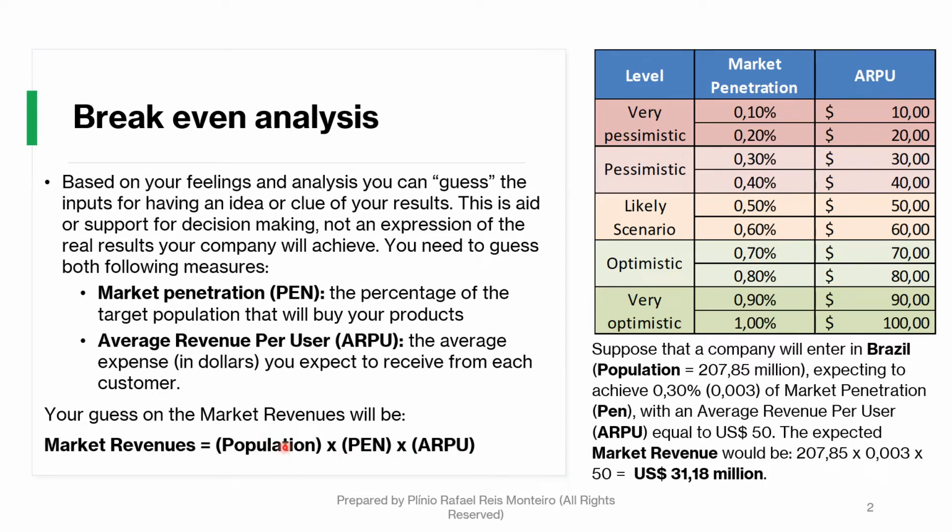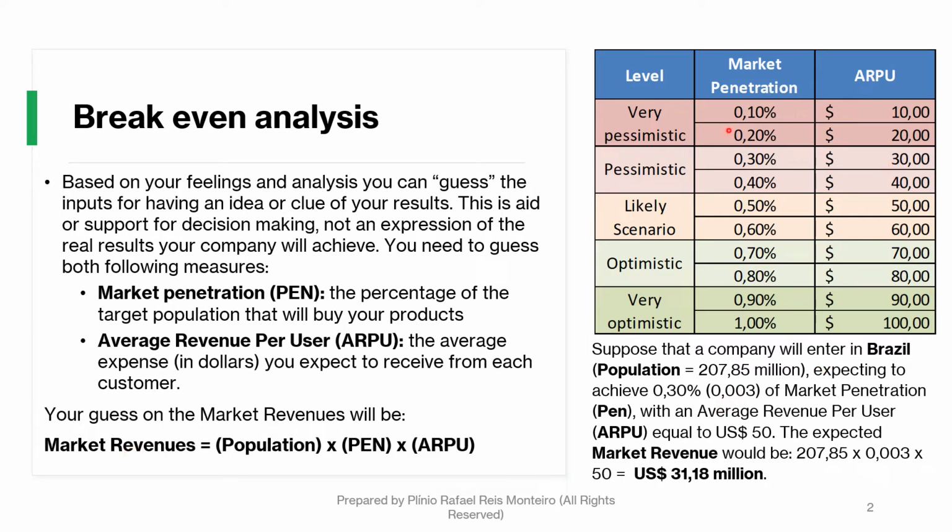So the population multiplied by the market penetration is the number of customers buying your product at least once in a year. If you multiply that by the average revenue each customer spends on your products, you get your market revenues.